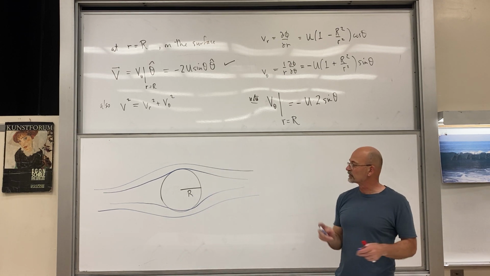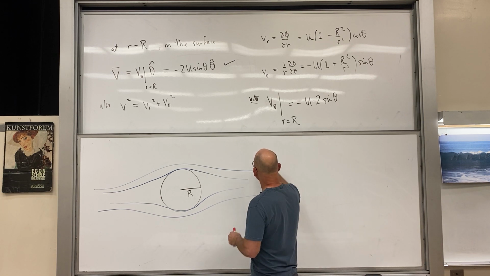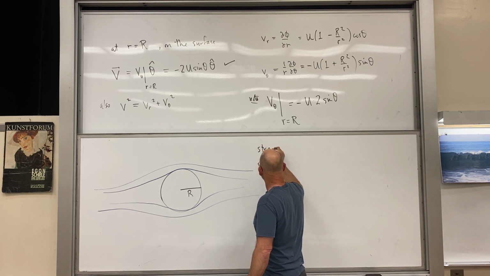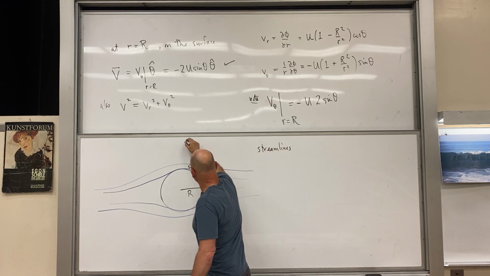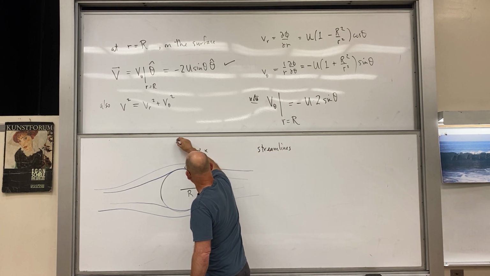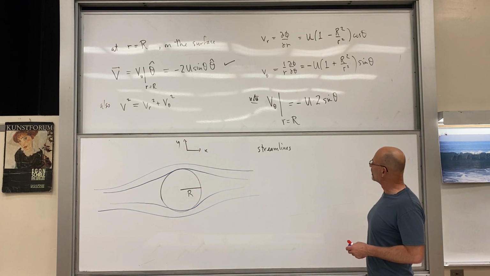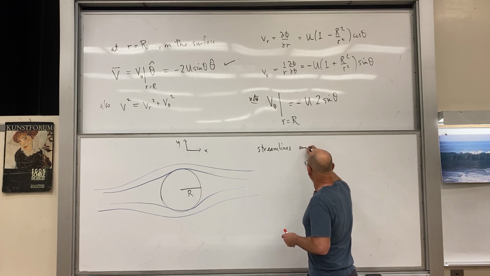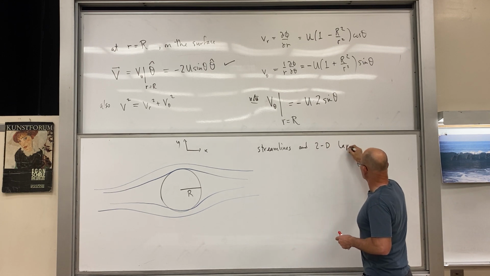I don't want to get any more explicit than that. Okay, so what about streamlines? And we obviously had X and Y coordinates like that when we did our plane polars. So streamlines and 2D Laplace's equation.